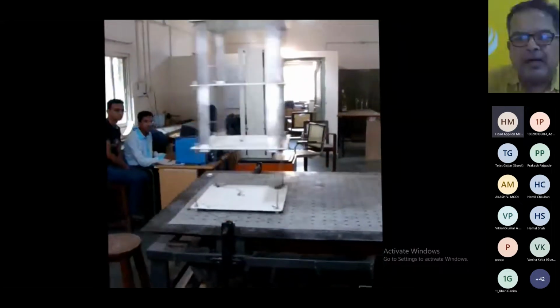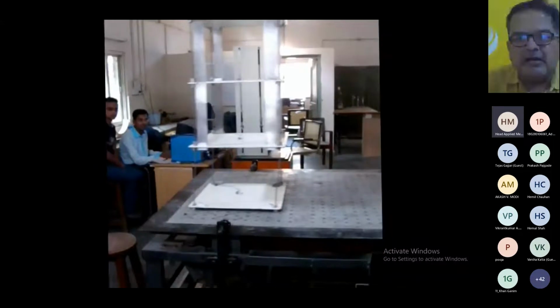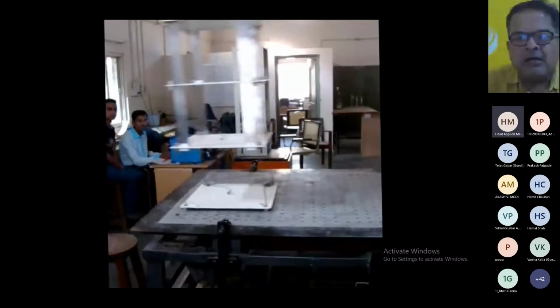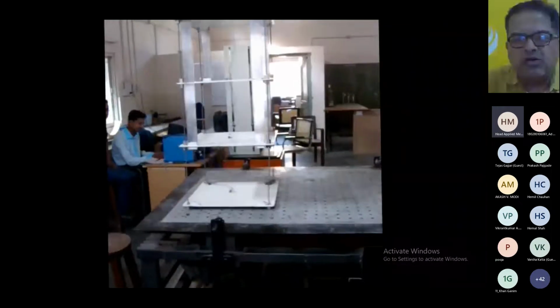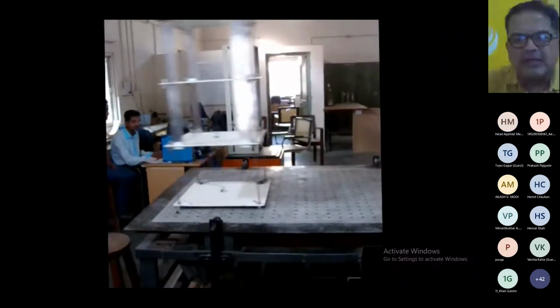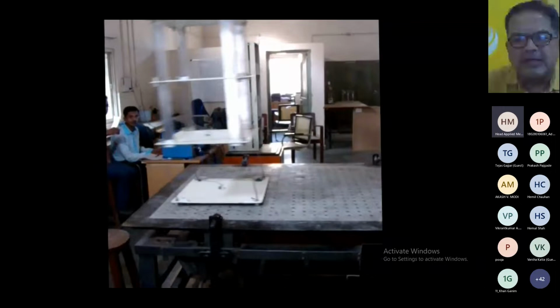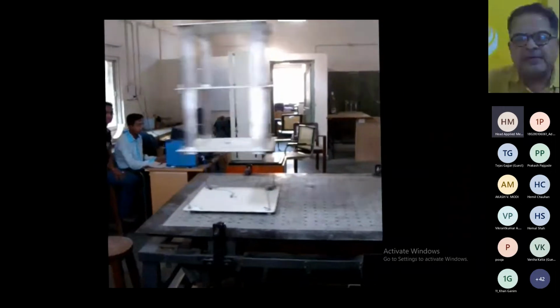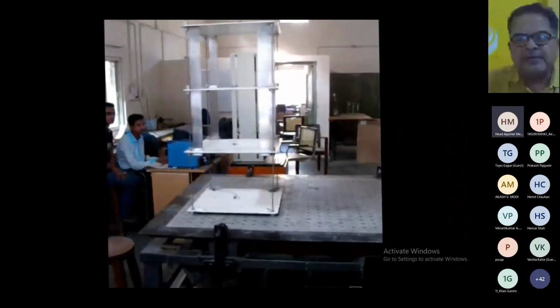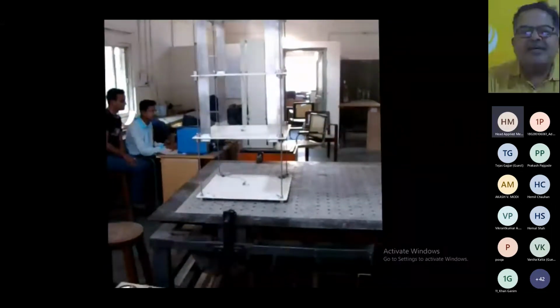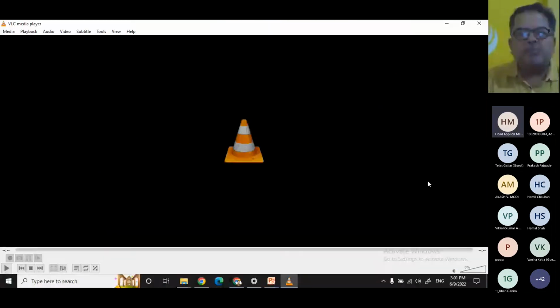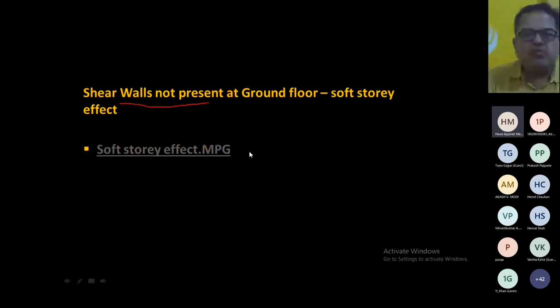The upper two stories have shear walls, and therefore they behave like a rigid body, and the total deformation is concentrated at the ground story. Right, now you can see. Fine. So total deformation is concentrated, and we know that our structures have limited deformability, and therefore we have to look at this effect very seriously.